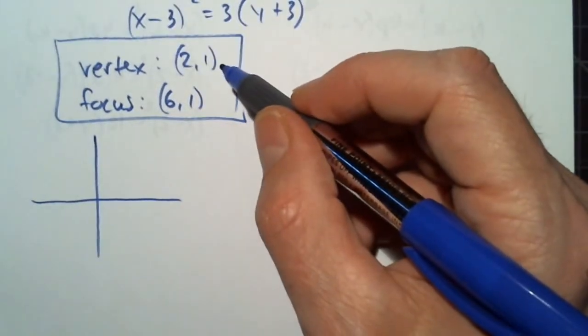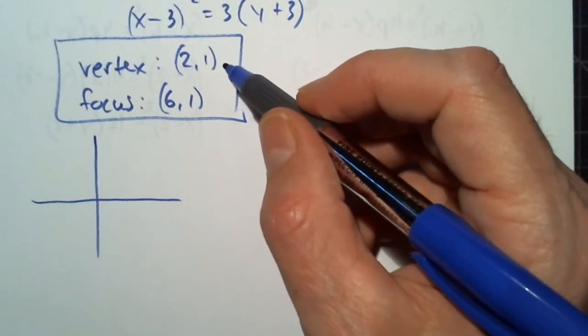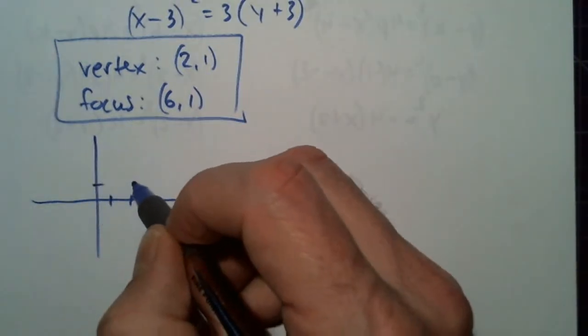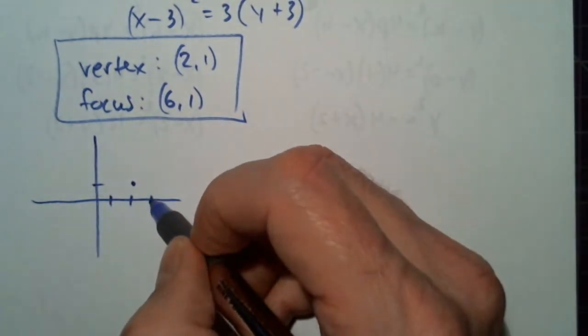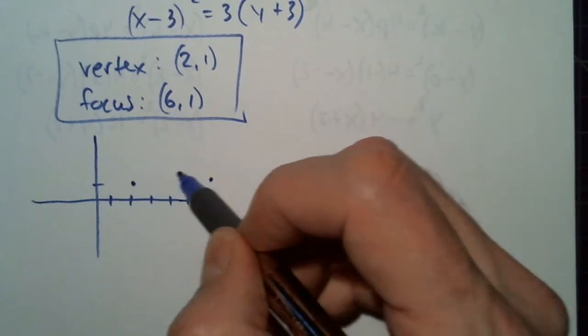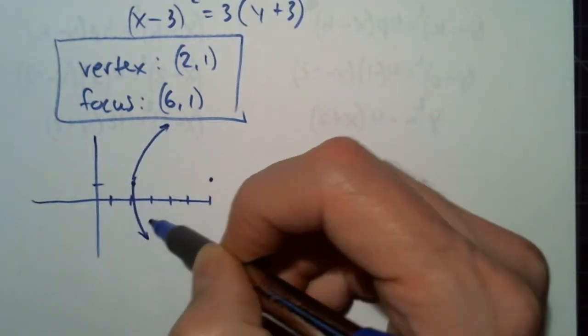And just by looking at this, we'd have to really visualize it to see if it's opening vertically or horizontally, so we might as well just graph it. Focus. If that's the vertex and that's the focus, then it must be opening like that.